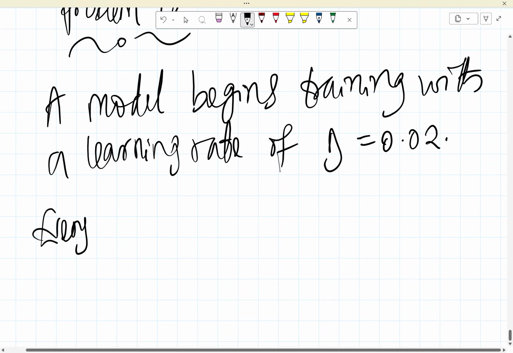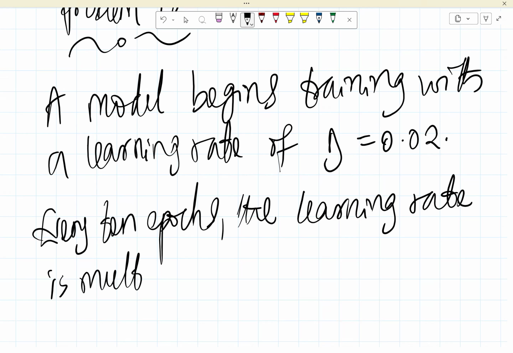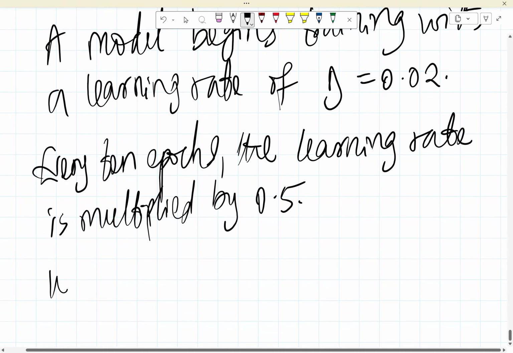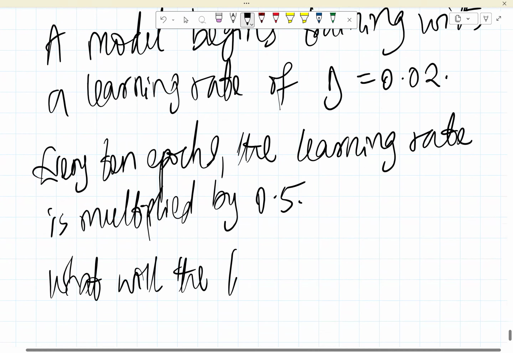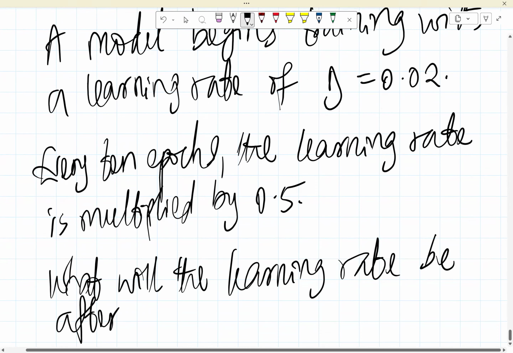Every 10 epochs, the learning rate is multiplied by 0.5. What will the learning rate be after 30 epochs?